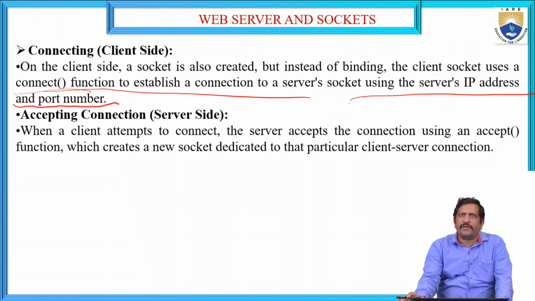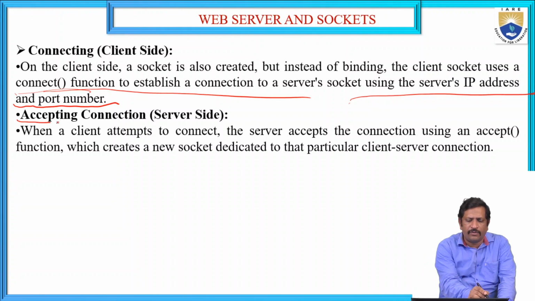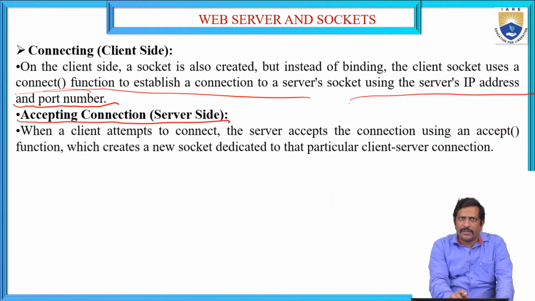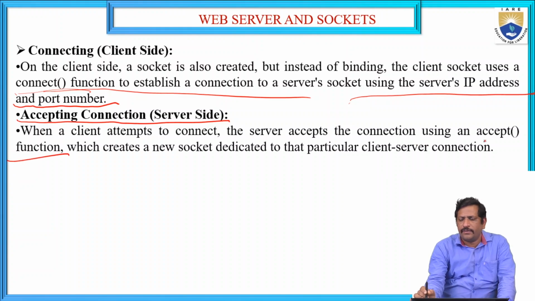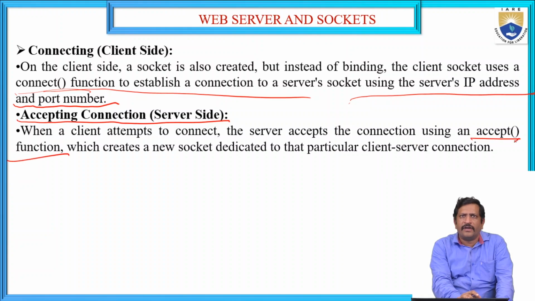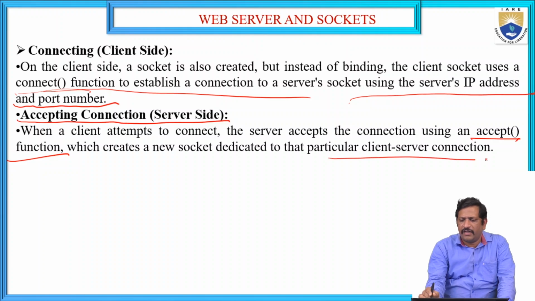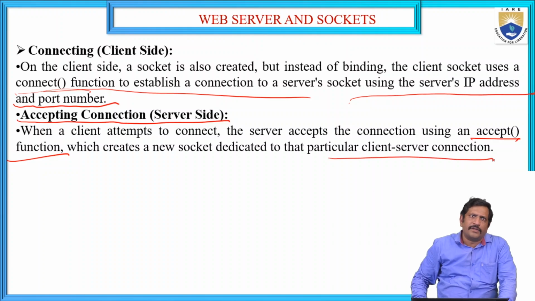Accepting the connection happens on the server side. When a client attempts to connect, the server accepts the connection using the accept function, which creates a new socket dedicated to that particular client-server connection.